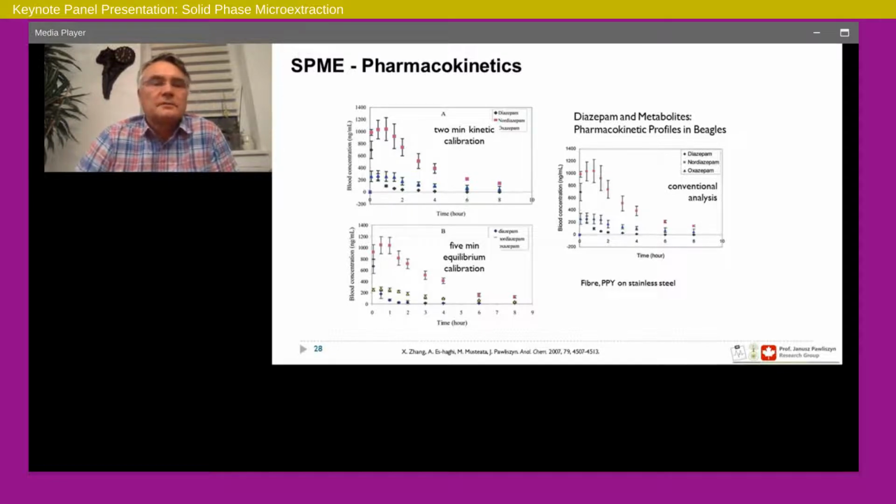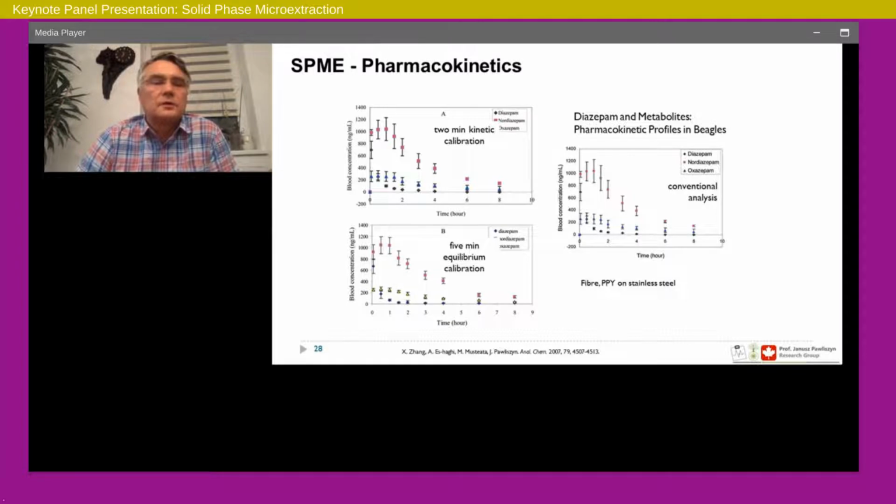Here's an example from one of our first studies, and for those who are interested, you can look into the paper listed below. We compare the standard approach on the right, which is protein precipitation, and on the left two SPME approaches.